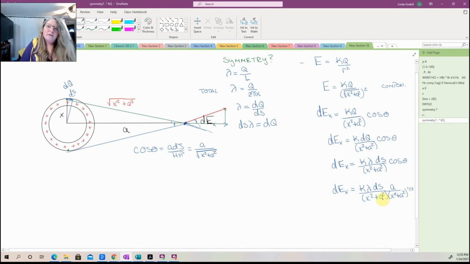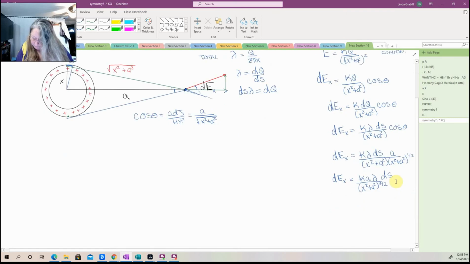And again, the x squared plus a squared is the same as x squared plus a squared raised to the 1, so 1 plus 1/2. We can rewrite this even nicer, that dE in the x equals k a lambda, just moving the a in, ds over x squared plus a squared to the 3/2. Beautiful. Feel like we're getting somewhere.